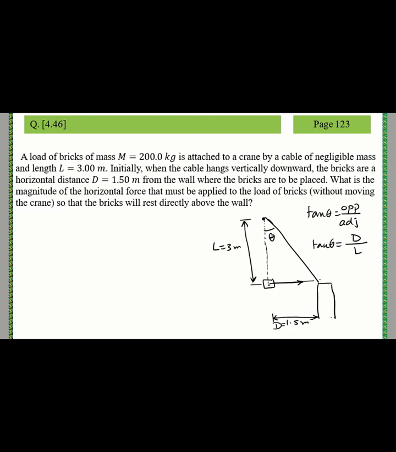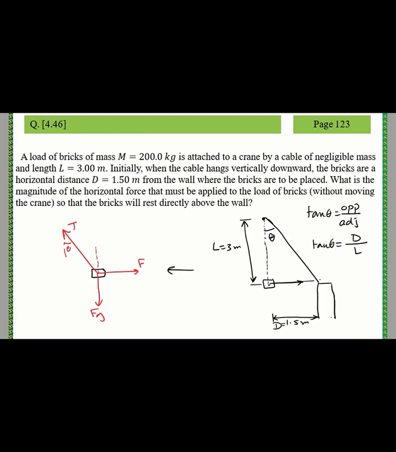Now, let us draw a free body diagram for the object, or the load. We have force to the right, sorry, F, and the weight is downward. And here tension in the string, T. And this angle is, as we mentioned, theta, which is this angle here.